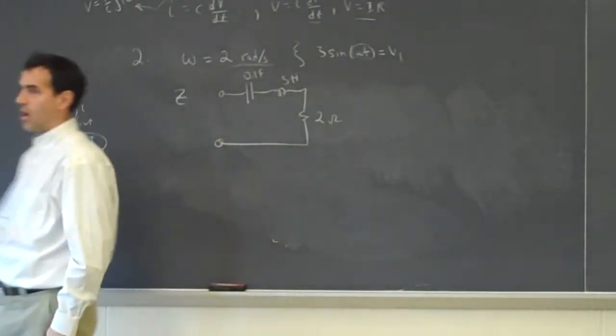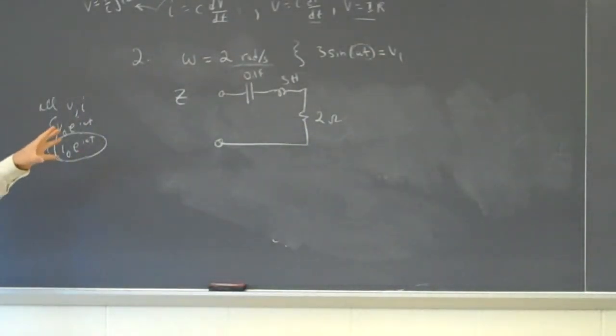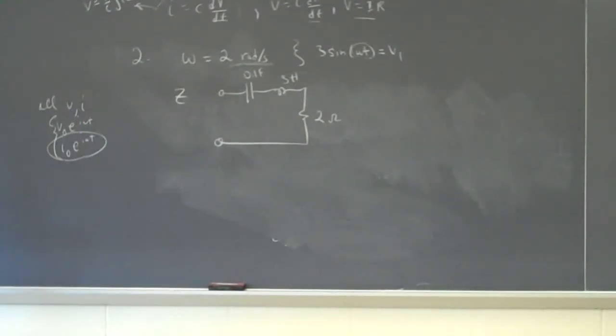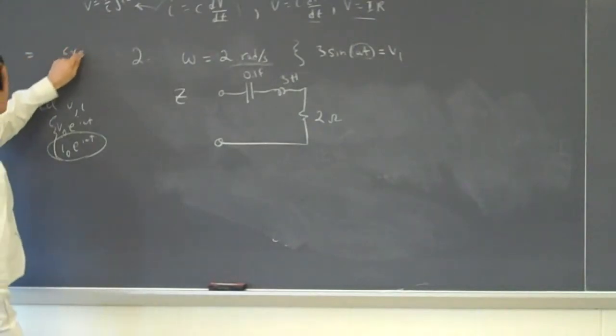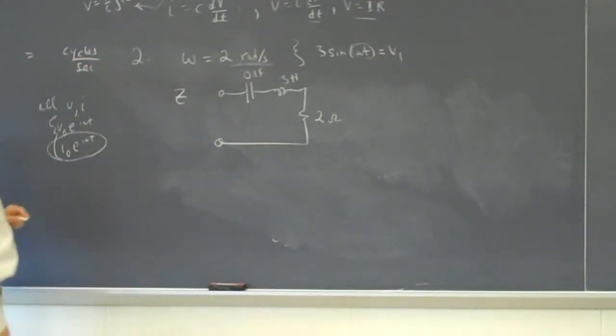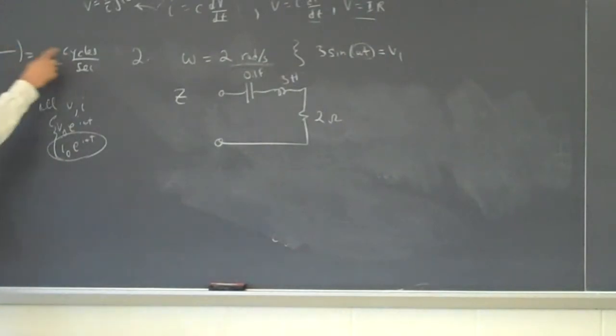So on Tuesday we connected omega with frequency, and we found that there was a factor of 2 pi difference. Another way you could look at that connection is if you have 2 radians per second and you want to convert to cycles per second, you could use the factor label method. I need to go from radians to cycles, so my conversion factor has to be radians and cycles, so the radians cancel and I'm left with cycles.